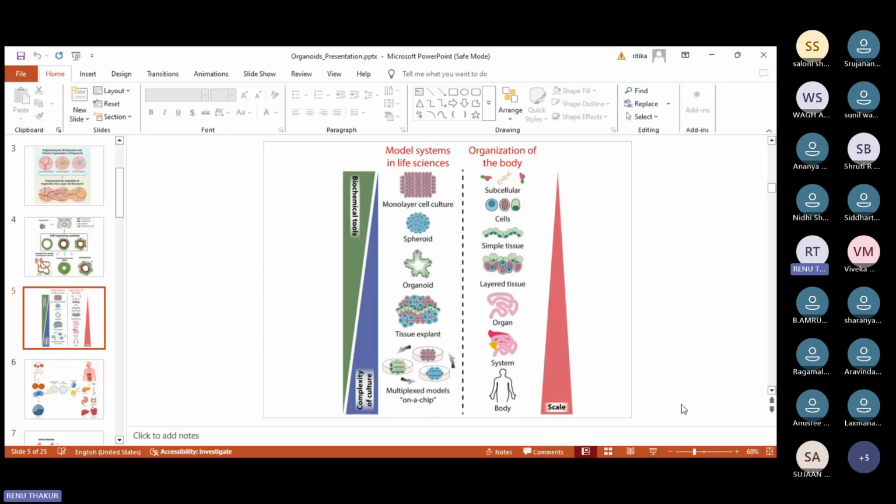I have already discussed that if we are testing our drug on a 2D model, we are just targeting a particular kind of cancer or particular kind of thing. We are not dealing with the whole organ or a whole tissue.